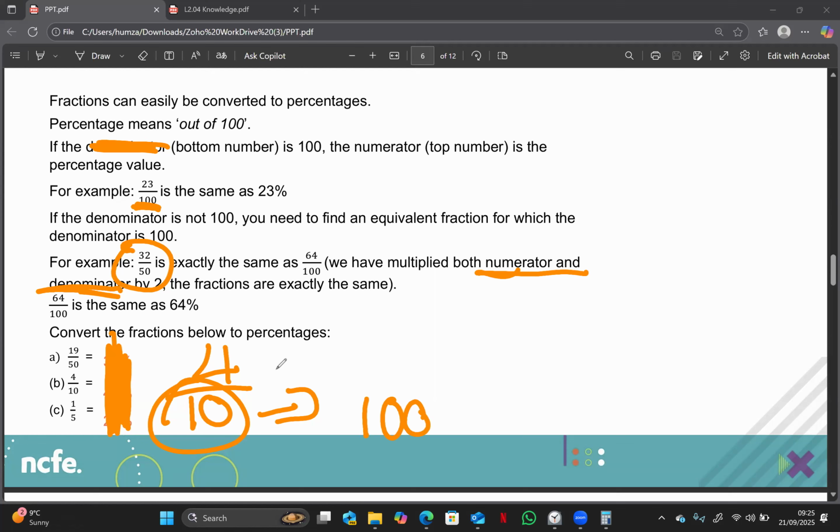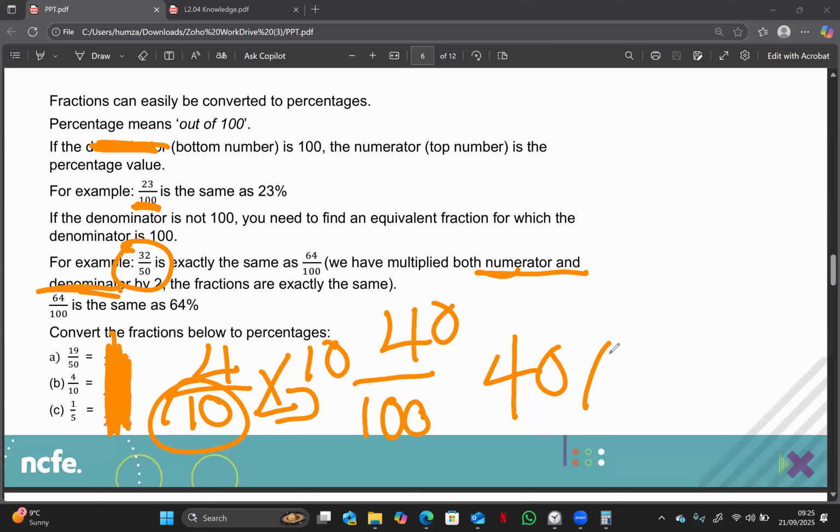Exactly. So we multiply this whole fraction, the top and the bottom, by what you said, 10. So what is 4 times 10? 40. Exactly. So what is the percentage? 40%. Exactly.